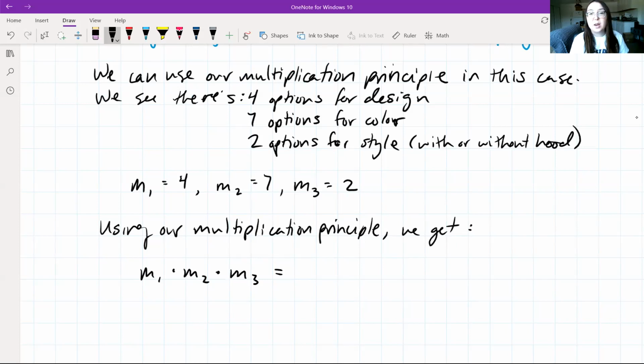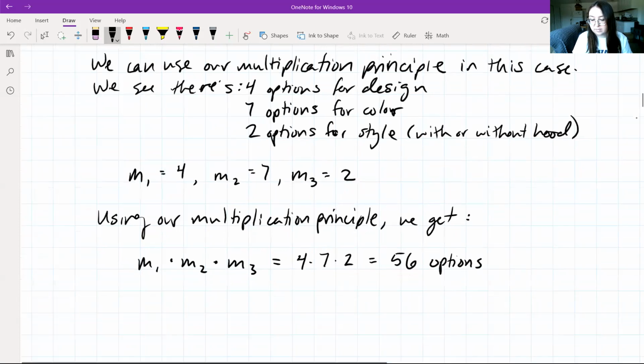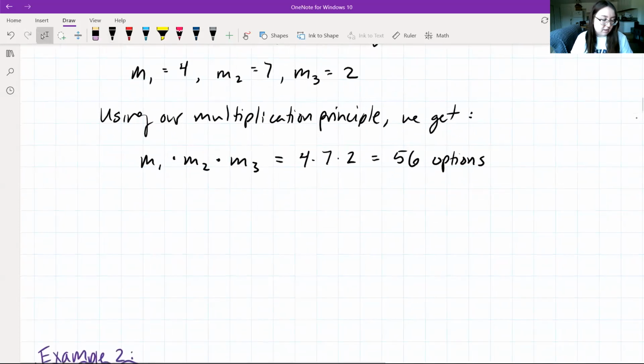We only have 3 categories, so we only go to 3. And so we know this is just going to be 4 times 7 times 2. And when we multiply these values together, we end up getting 56 options.